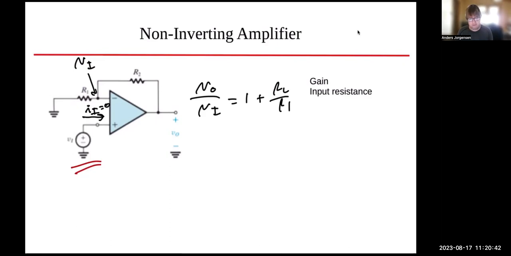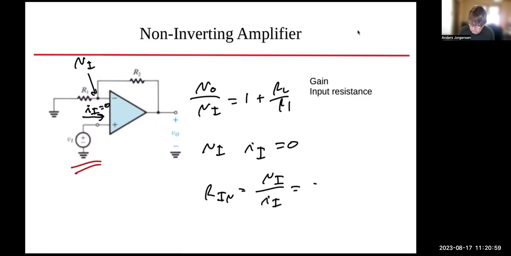Because no current flows into an amplifier. So we apply a VI, we get an II, which is equal to 0, and then the input resistance is equal to VI over II, which is equal to infinity. So the non-inverting amplifier has infinite input impedance, and that's an advantage of that type of amplifier.